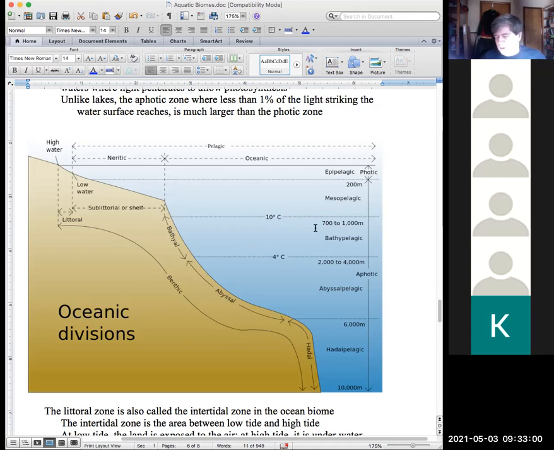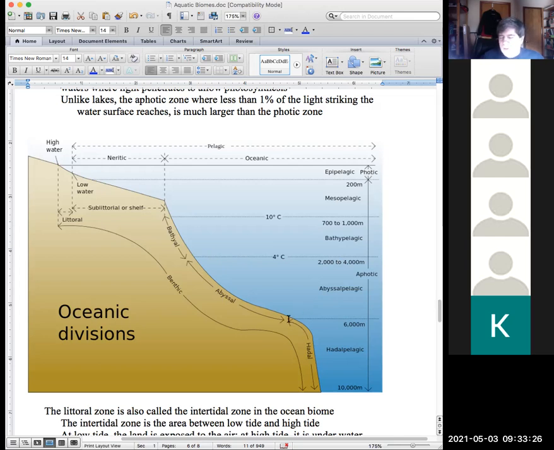So notice that's roughly 3,000 feet to about 12,000 feet. There's the abyssal region or abyssal zone, which extends from about 3,000 meters down to about 6,000 meters. A few years ago, there was a science fiction movie made about an underwater expedition called The Abyss.